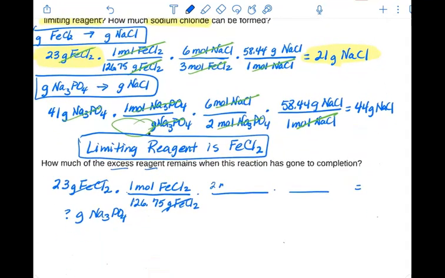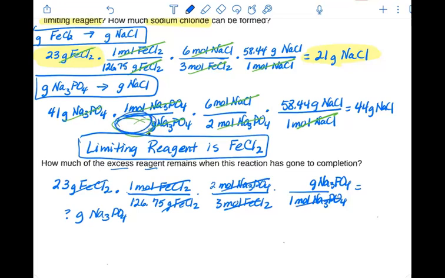Okay, so 2 moles of sodium phosphate to 3 moles of iron chloride. Okay, and now I need to change my sodium phosphate back to mass. So 1 mole of sodium phosphate is how many grams of sodium phosphate. And again, just like before, if you did as I asked you to do, you're going to take that molar mass and you're going to put it right there, and then we can do our calculations.